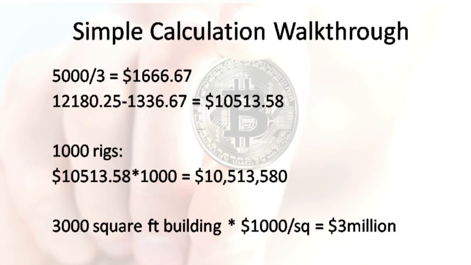Hypothetically speaking, let's say we need a 3,000 square feet building to be built, and the quote in a remote location is $1,000 per square foot. This means that you will need $3 million to start.